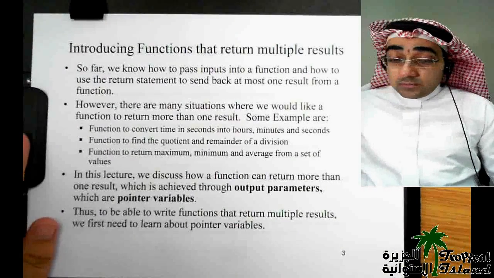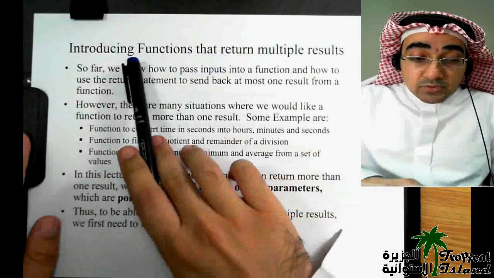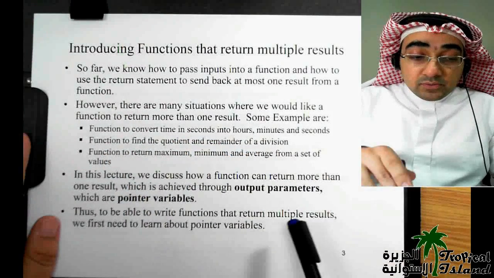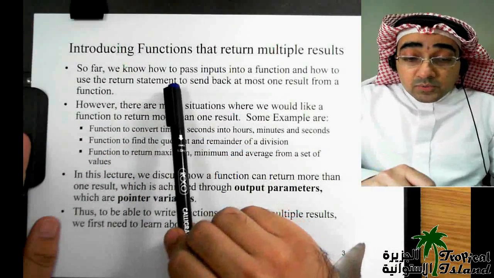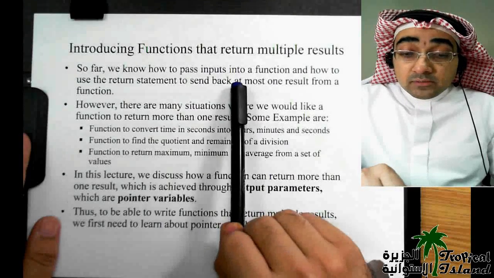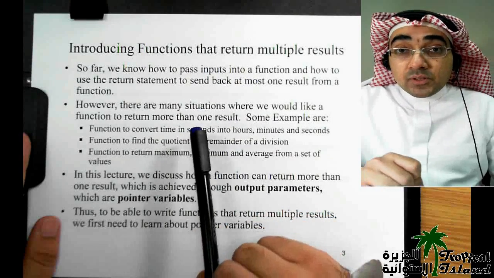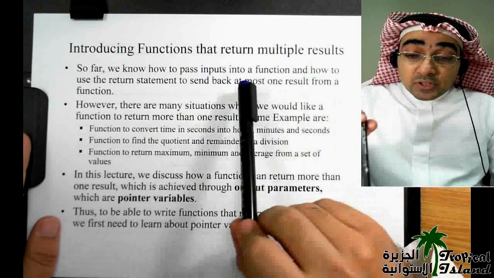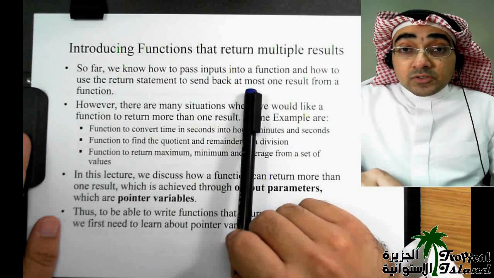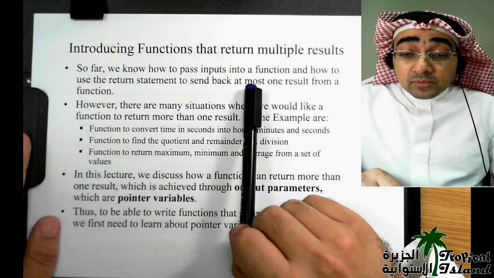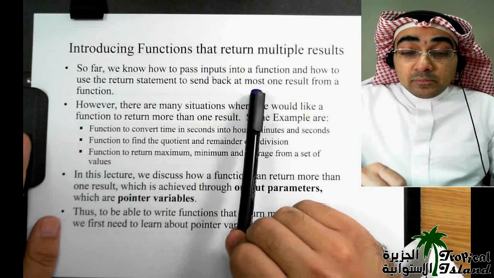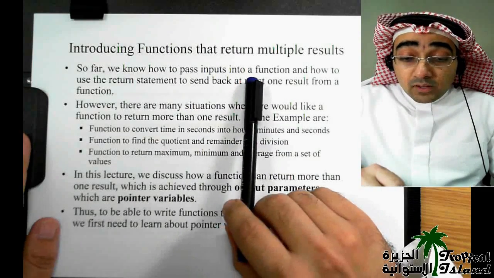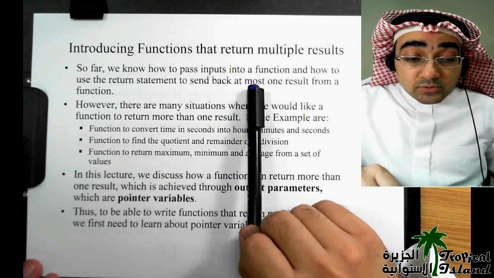So what do we mean by multiple results? We want to introduce you to functions that return multiple results. As we've seen till now, we can actually return only a single value using the return statement in any function. If at the end of a function you write a return statement, you can only return a single value, and that constitutes a problem if you intend to return more than one result in your function.